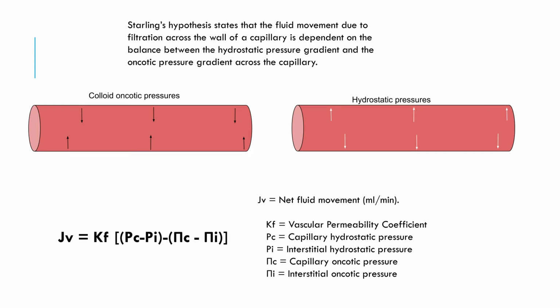Therefore, the net fluid movement is determined by the balance between the colloid oncotic pressures as well as the hydrostatic pressures, with increased hydrostatic pressure encouraging movement from the intraluminal space into the interstitial space, which is called transudation, whereas the colloid oncotic pressure is going to pull things backwards and maintain them in the intravascular space. Now, how does this relate to the administration and selection of intravenous fluids?